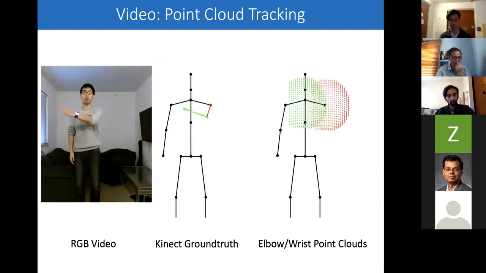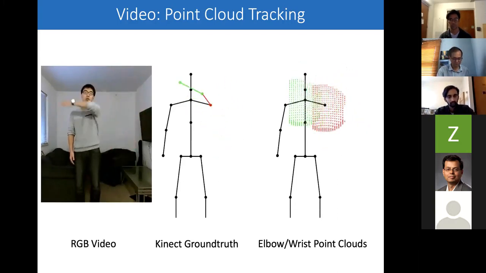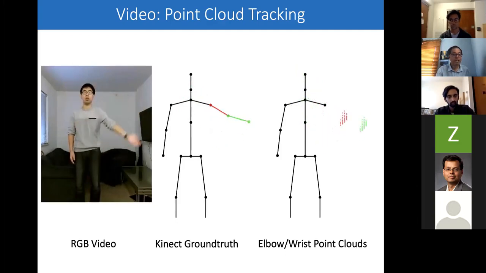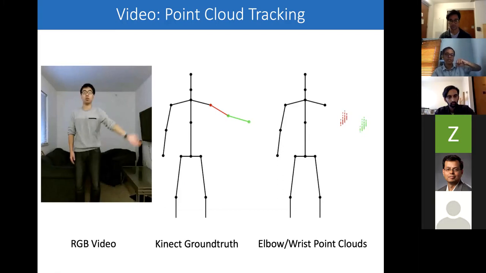So here is one animation where you see the point cloud changing based on the orientation of the wrist. You see certain orientations have a large point cloud. Let me play that again. Again, the wrist orientation is going to change.